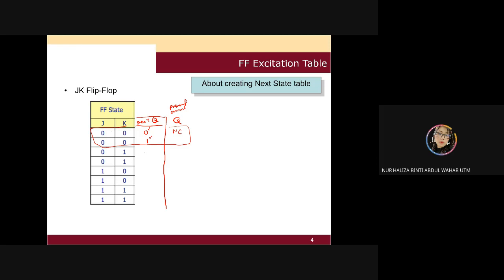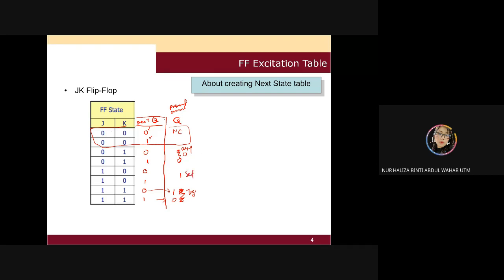For 0 1, if your previous Q is 0, you're going to get 0. If your previous Q is 1, you're going to have 0 also. So that's why you summarize it as 0, or reset. Similarly for 1 0, you're going to get 1. And lastly, for 1 1 on the JK, it's going to toggle from your previous output.